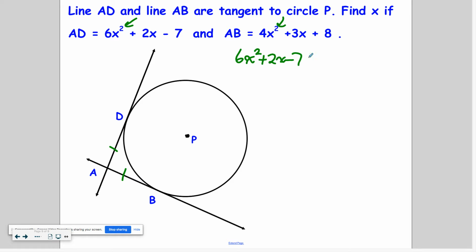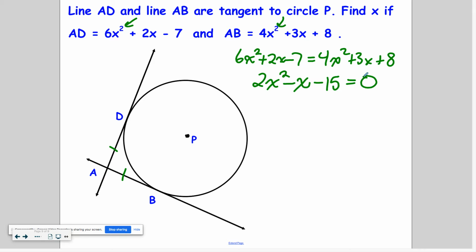and solve. Let's subtract. I want to get everything to one side when you're working with quadratics so that this is equal to 0. And then you're trying to factor and say, does this factor?